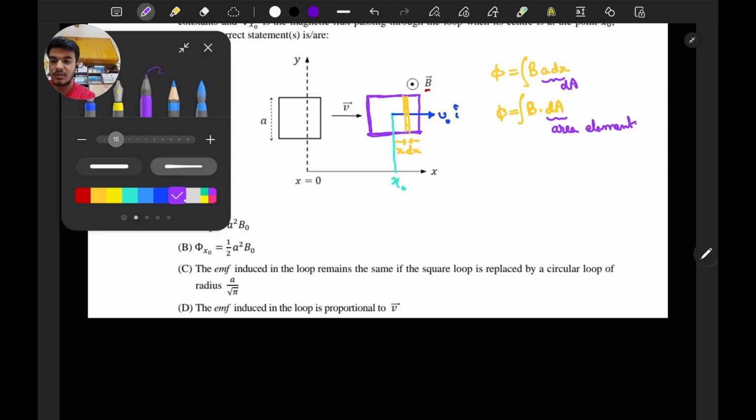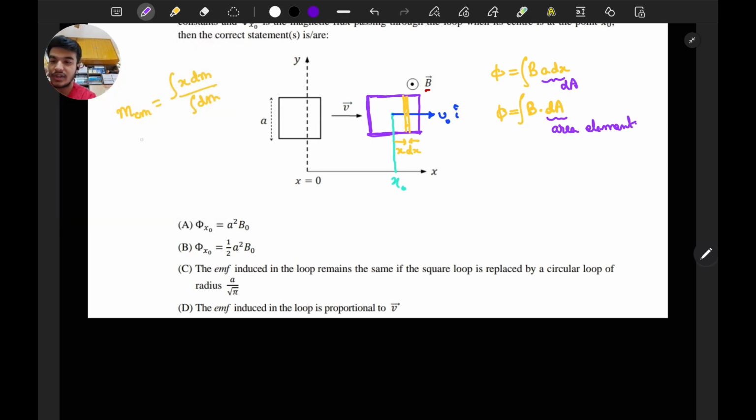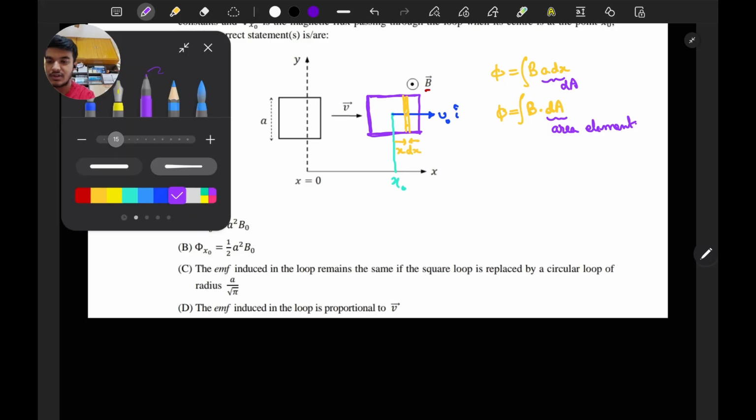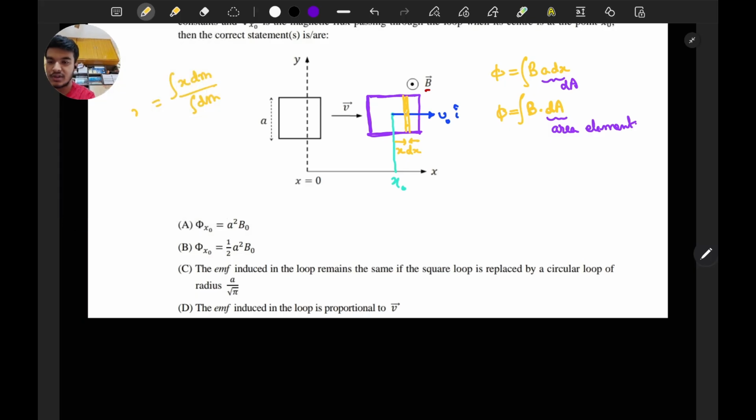Now similarly, I can use a term like the center of mass. The coordinate of the center of mass is given as this, x cm. Similarly, I can consider the area of a continuous body, the surface area of a continuous body, concentrated at a single point, and hypothetically we can call it the center of area.